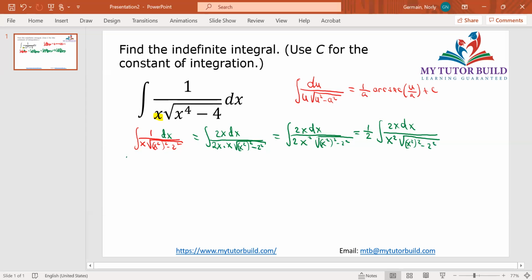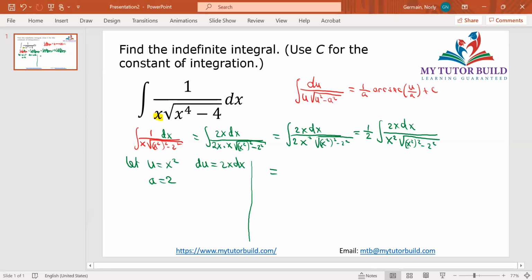Now we can let u equal x squared. So what would be du? Yes, du would be 2x dx. You see, 2x dx in the numerator represents du. Then we can let a equal 2. Now, because we have these two pieces of information, we continue right here.